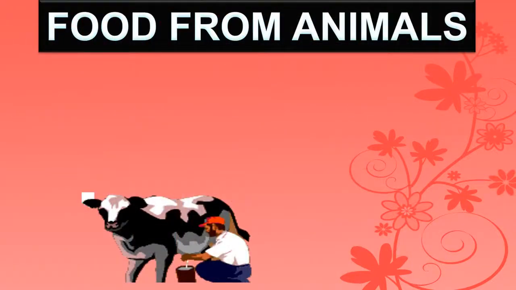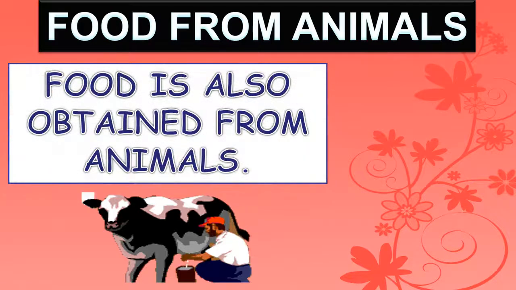As we all know, plants and animals are major sources of food. Food is also obtained from animals. What do we get from animals? Let's see.